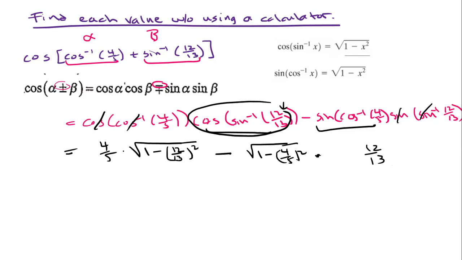Well, 12 over 13 squared gives us 144 over 169. So 1 minus that gives us 25 over 169. So we have 4/5 times the square root of 25 over 169.